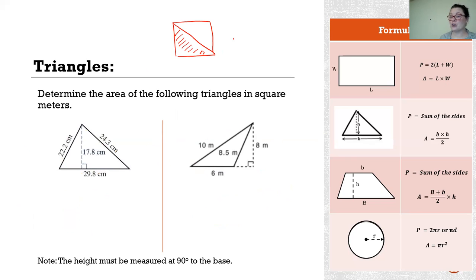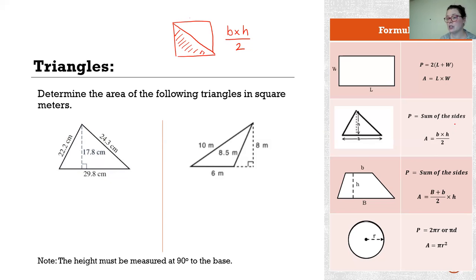So the formula for a rectangle area is still length times width, or base times height. So the bottom times the height straight up, divided by 2, because it's only half of a rectangle. So that's where the formula comes from.